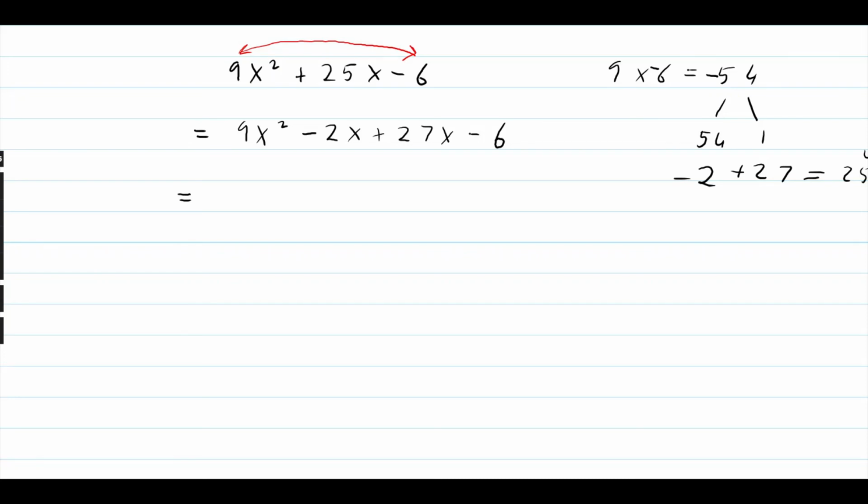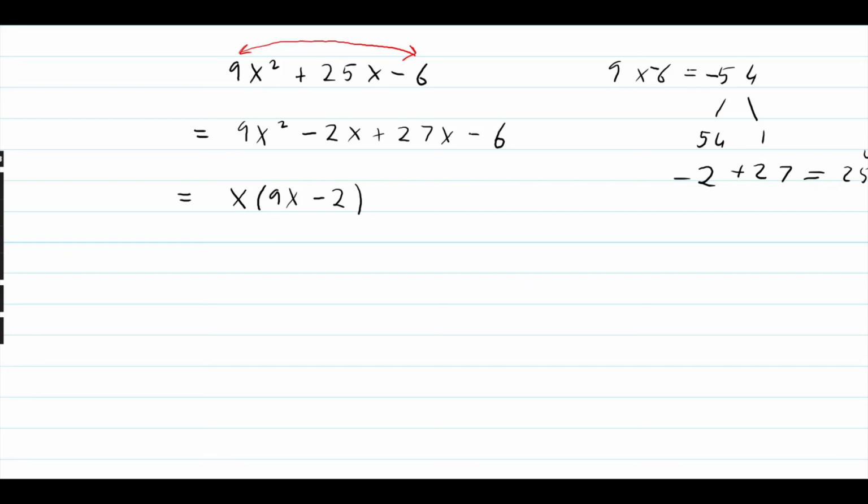What could we factorize out of the two of them? Nothing actually factorizes out of them, just an x. So we put an x at the front here, and x by 9x is going to give us 9x squared, and then x by minus 2 is going to give us minus 2x.